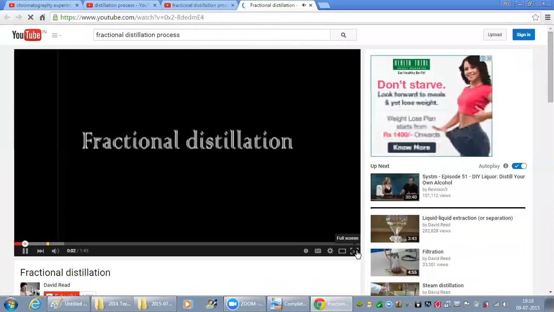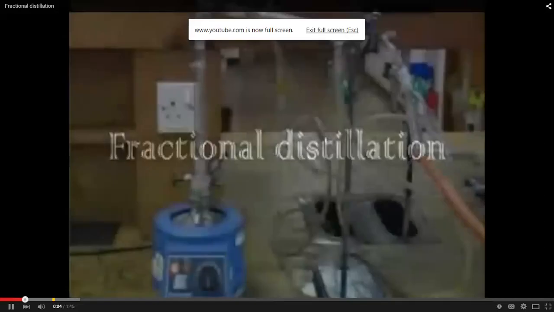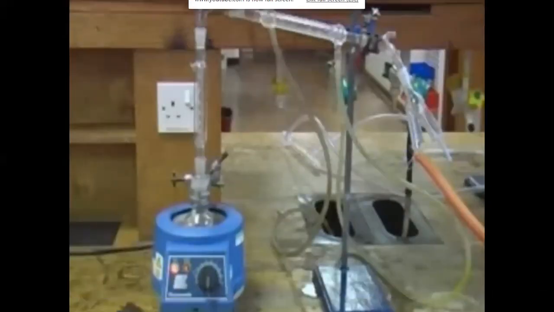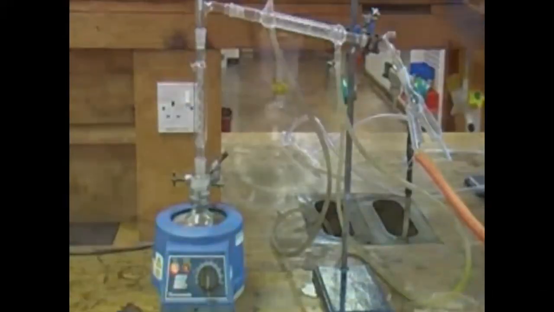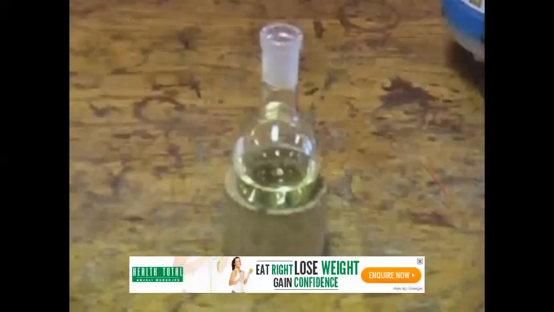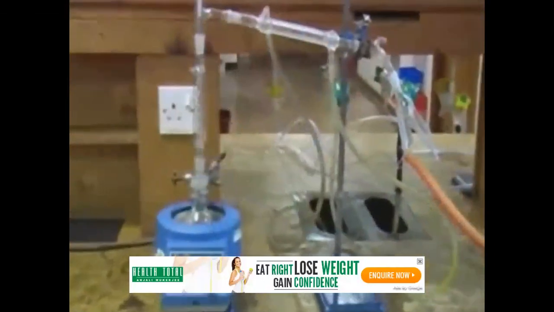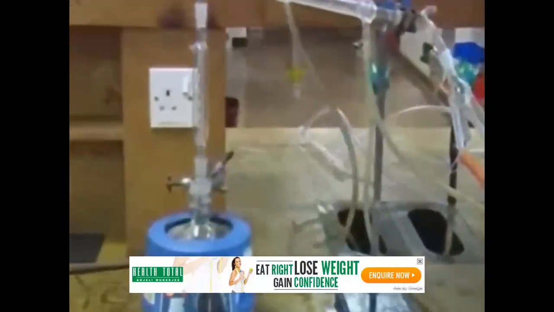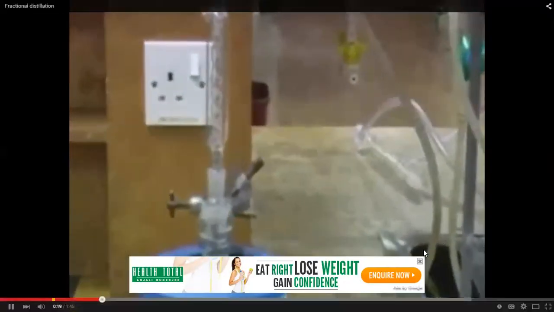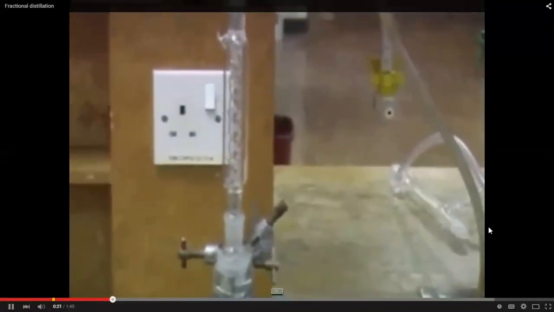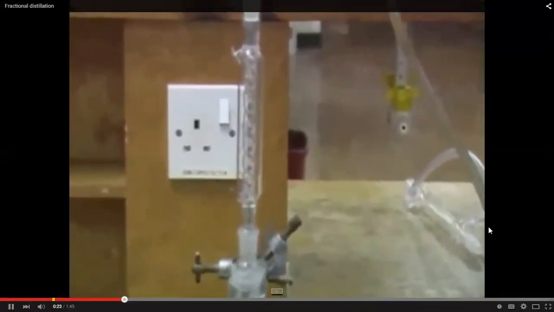Fractional distillation is used to separate a mixture of liquids which typically have boiling points which differ by only 25 degrees or less. This is the distilling flask which contains our mixture of liquids. This is firstly clamped into a heating mantle. We then place a fractionating column into the neck of the flask. There are a number of different types of fractionating column that you may use.